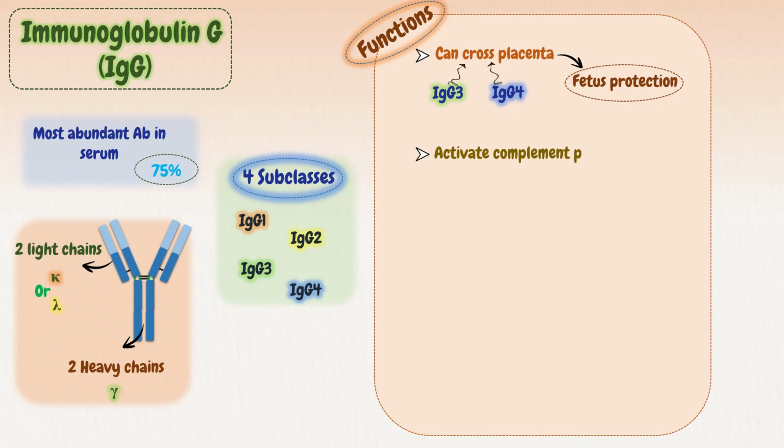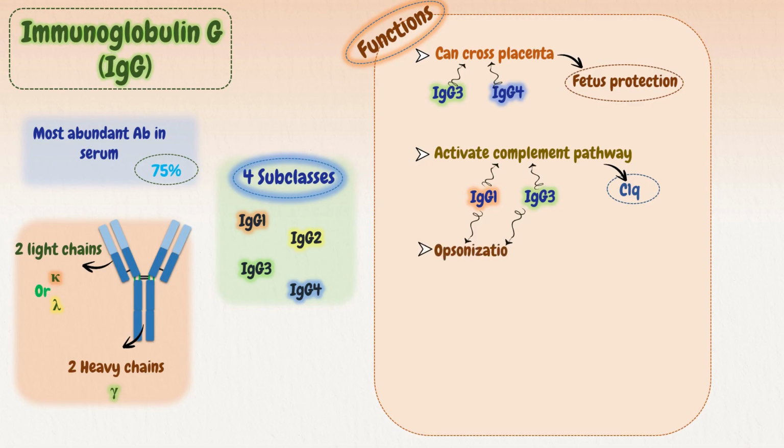The Fc portion of IgG can bind with complement proteins. Mainly, it can bind avidly with C1q, an important protein that causes complement activation. Of the 4 subclasses, IgG1 and IgG3 activate complement most efficiently and are responsible for clearing most protein antigens.